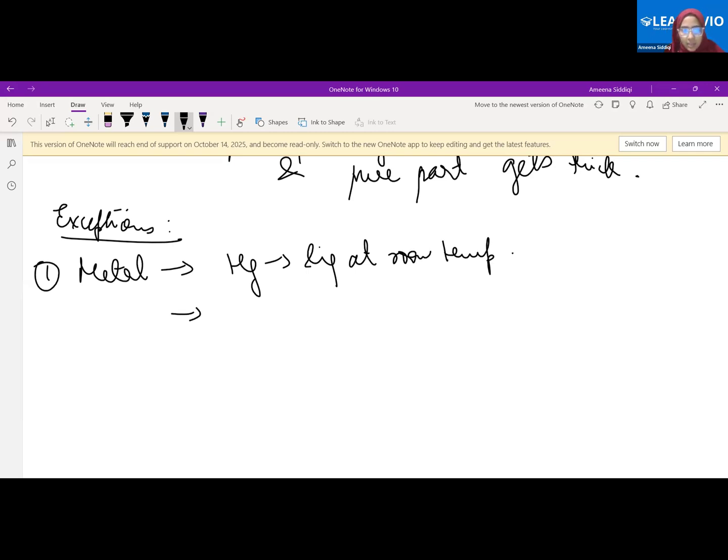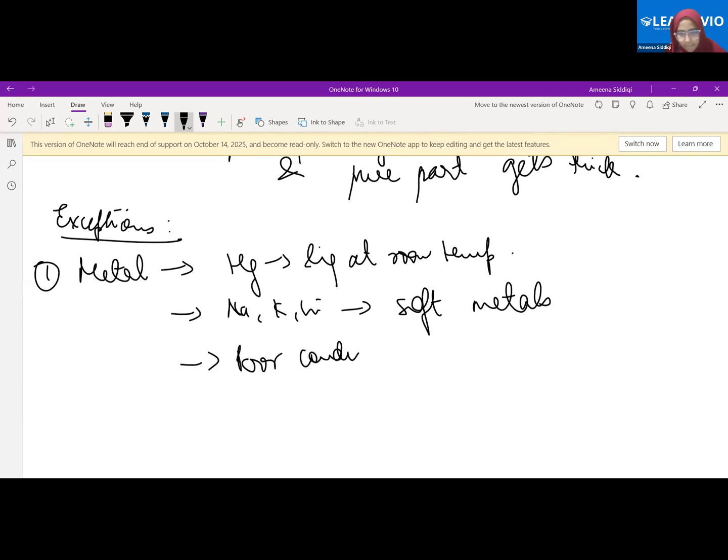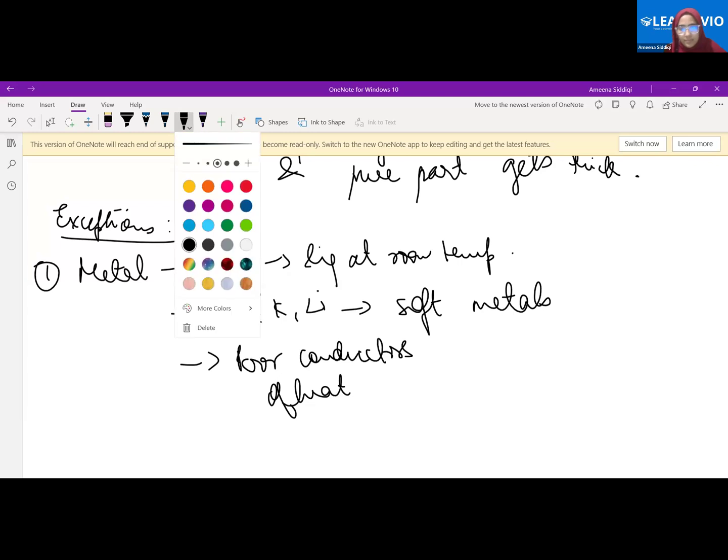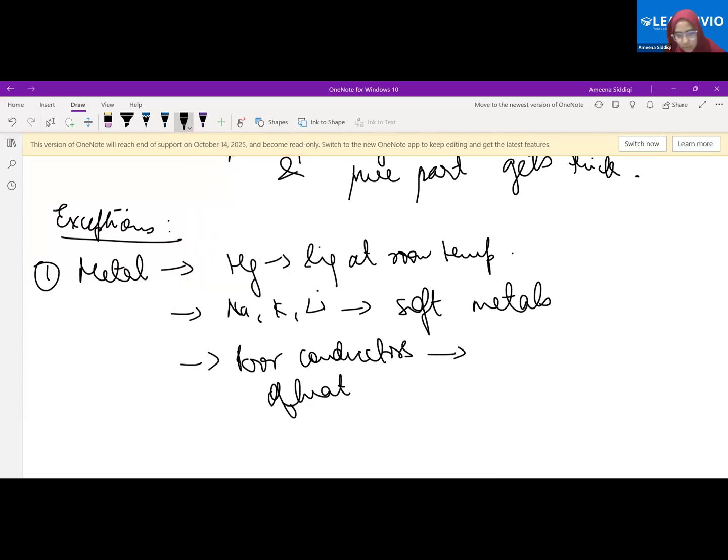Second one, sodium, potassium, lithium. They are very soft metals. Poor conductors of heat: lead, mercury.